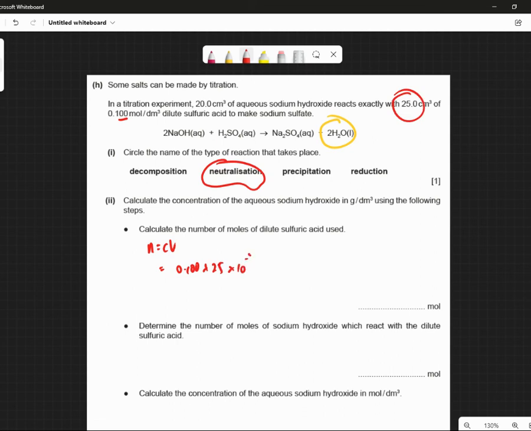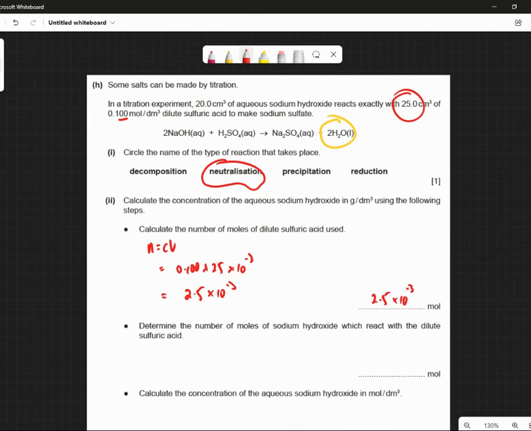Now we have to put that in decimeters cubed. So 0.1 times 25 times 10 to the minus 3 gives 2.5 times 10 to the minus 3.